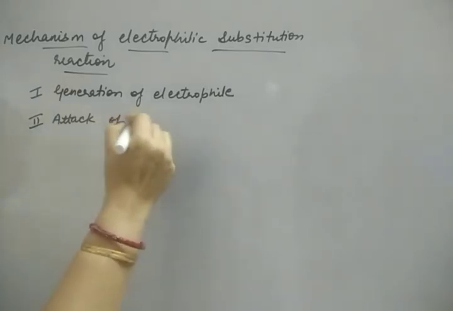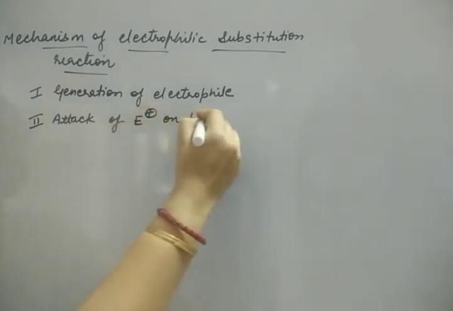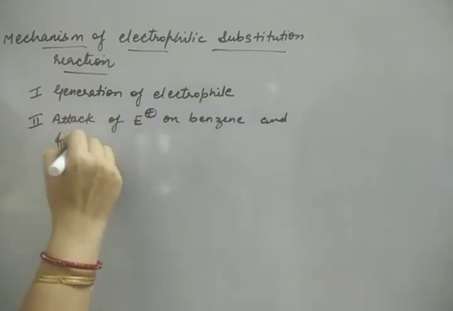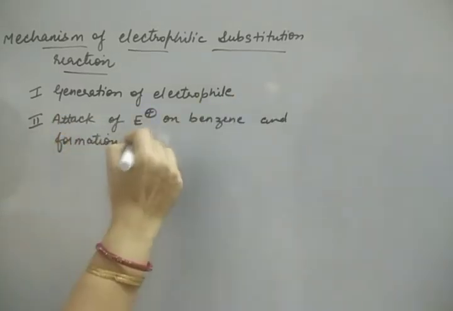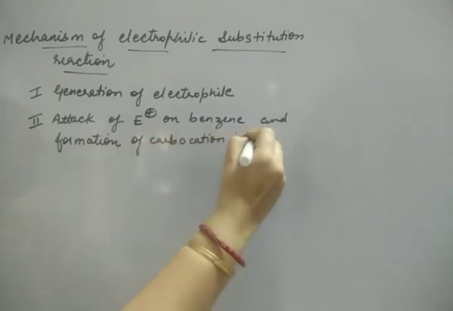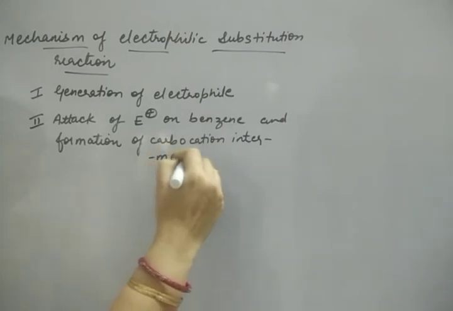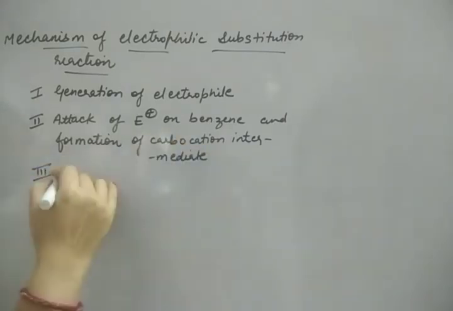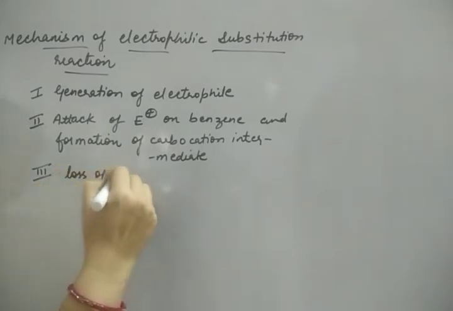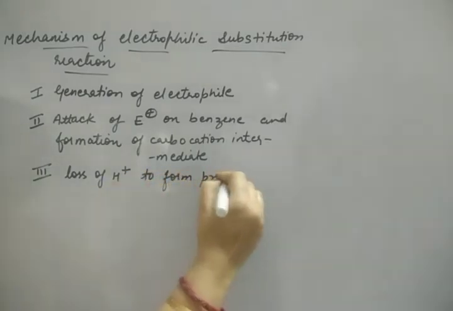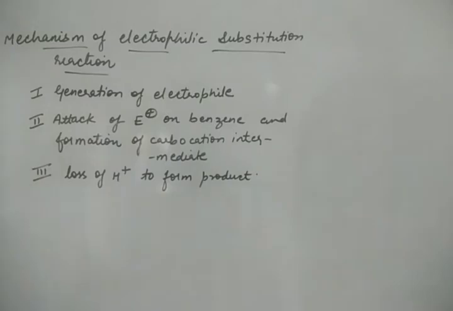Attack of electrophile on benzene and formation of carbocation intermediate, and the last step is loss of H plus from the carbocation intermediate to form the product. So we are going to discuss the three steps one by one.